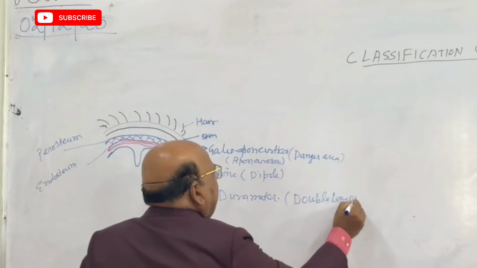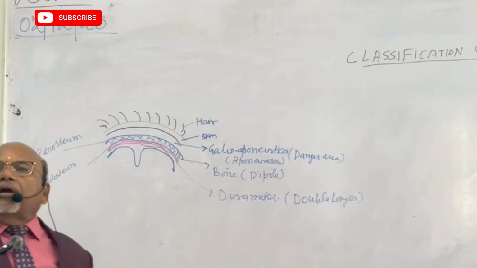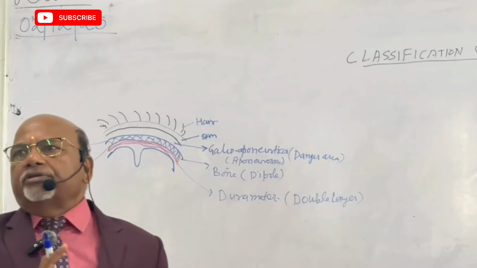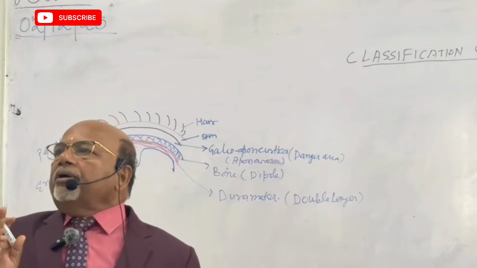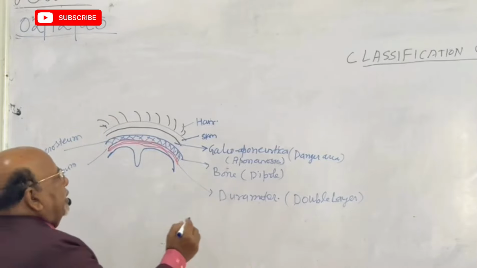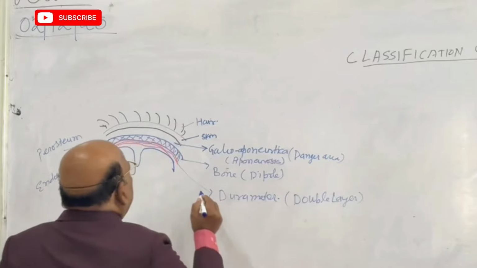While in the spinal cord the covering of the meninges is the same, it is a single layer. In the cranium, in the brain, the covering is two layers, that is called the double layer.